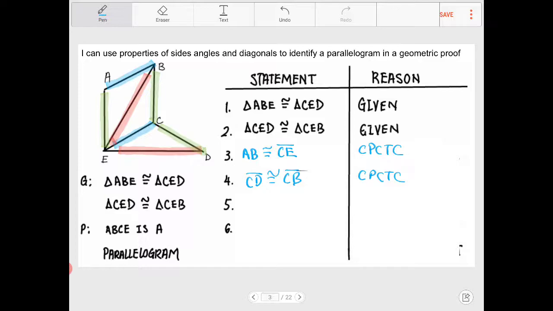I also recognize that AE is congruent to CD because of, again, CPCTC.